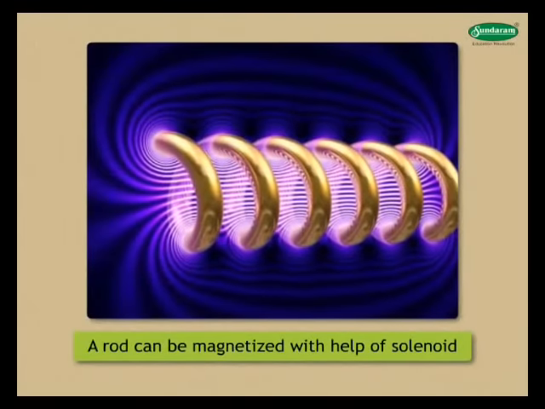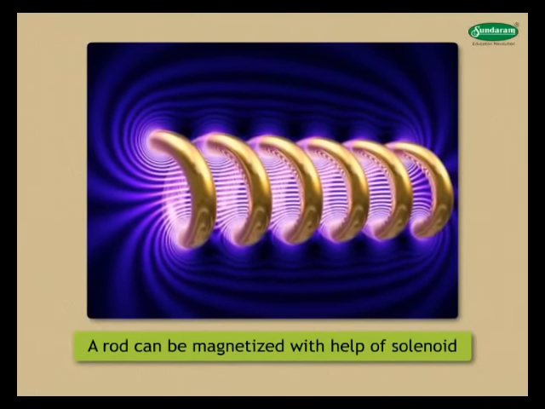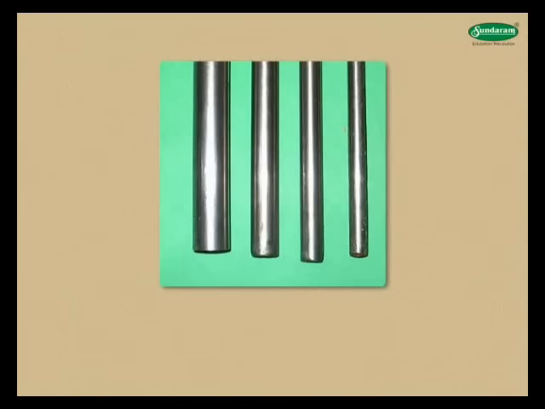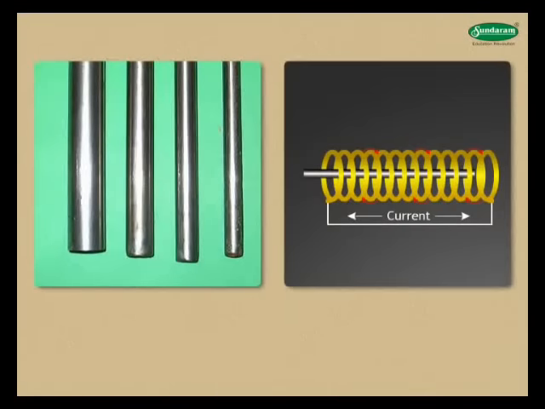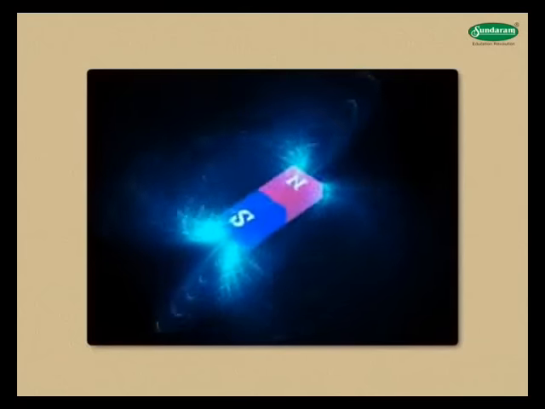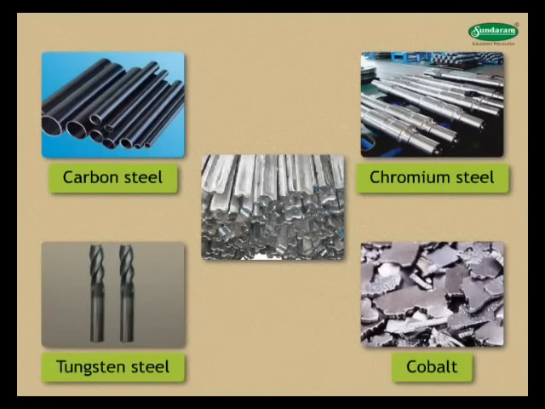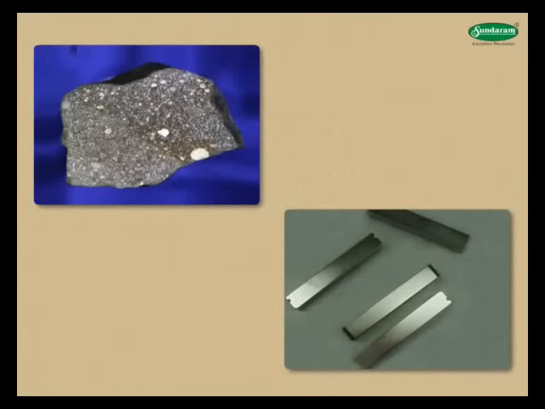With the help of a solenoid, we can magnetize a piece of rod of a given material. If the rod is hard steel and if the magnetic field is strong enough, a permanent magnet can be produced. Permanent magnets are usually made of carbon steel, chromium steel, cobalt and tungsten steel, and some alloys. Two such alloys which are used in industry are Nipermag and Alnico.